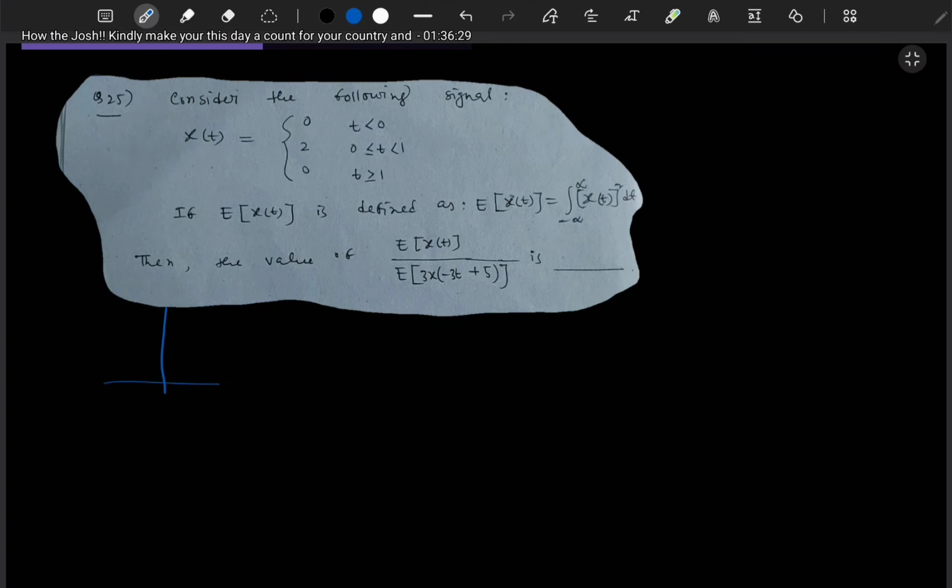So x(t) can be drawn from zero to 1 as height 2, except that it is 0. We have energy equal to 2 square into 1 equal to 4.